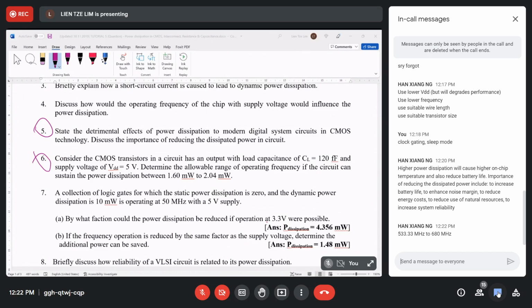Okay, your answer is not the same as mine. How about others? Which formula are you using?